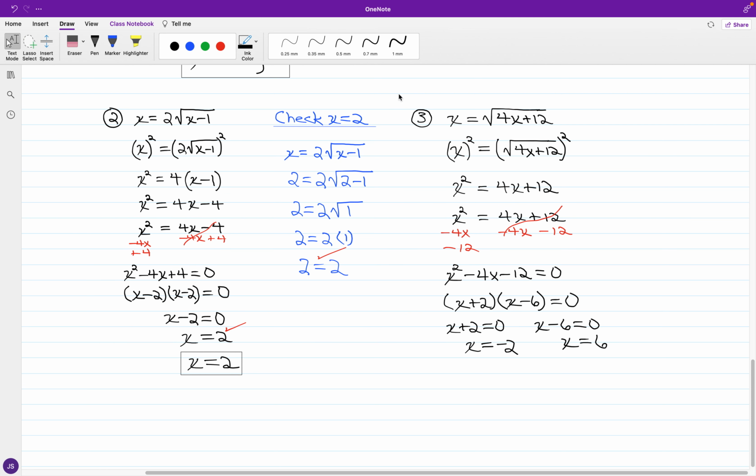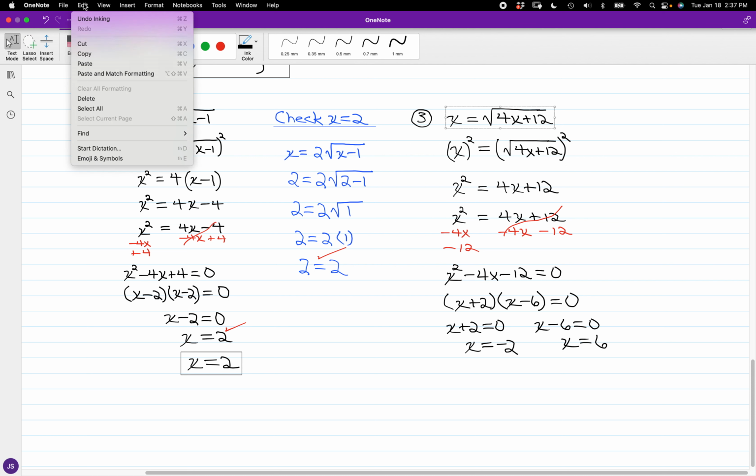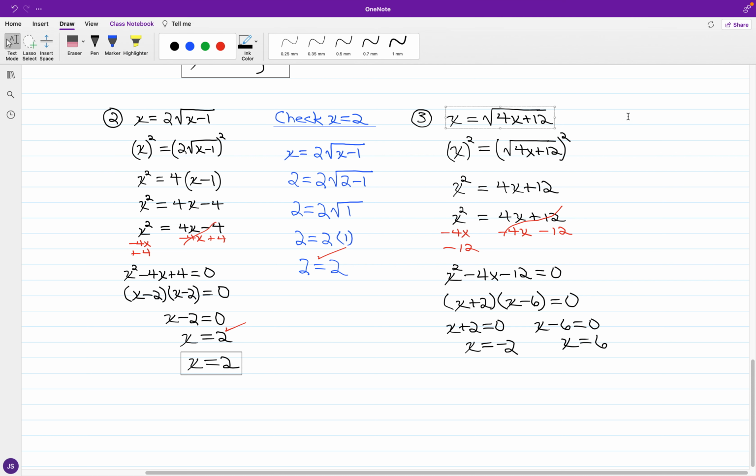Now, looking at testing out the values. I have negative 2.